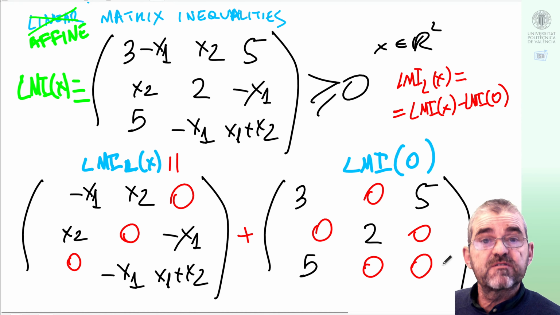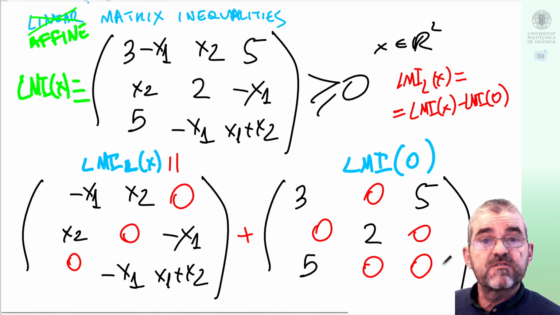So it will be positive semi-definite for any positive multiple of X. So we will have a ray, let's say, going from 0 to infinity. So the LMI set will be a cone.